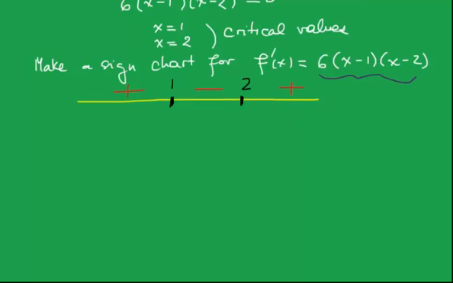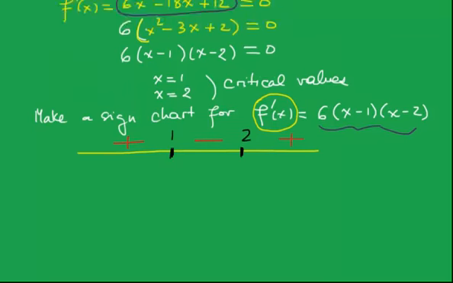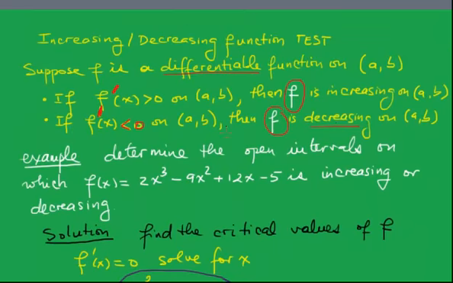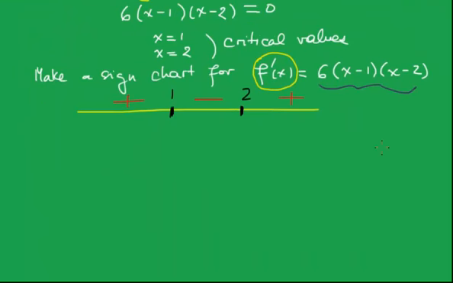So that's the sign chart. Remember, this is the sign chart for f prime. And we saw from the increasing, decreasing test that if f prime is positive, the function is increasing. So we're almost done. Here we have positive, so f, the original function, is increasing. f is decreasing here, and f is increasing.